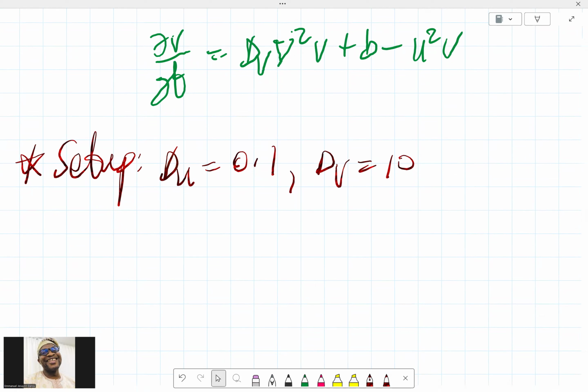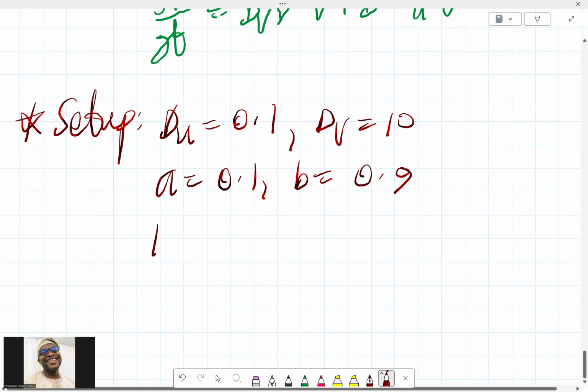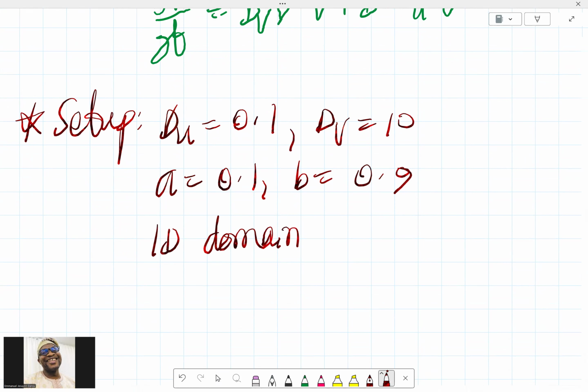With that, we have A as 0.1 and B as 0.9, and we can do that in a one-dimensional domain, not a grid now, where X belongs to the closed interval 0 to 100.